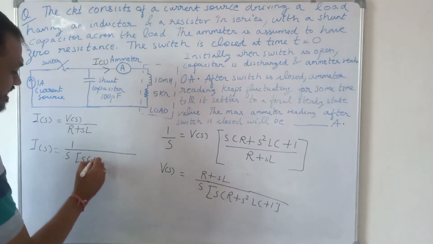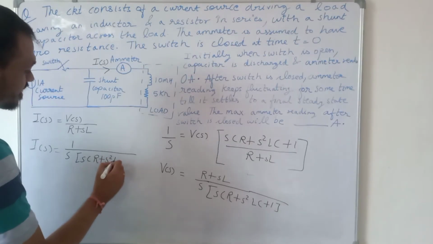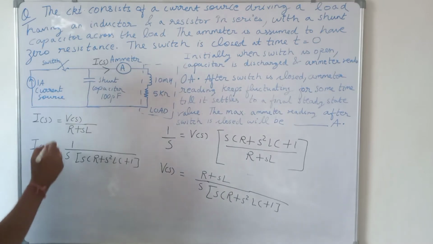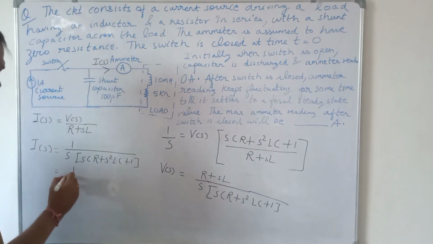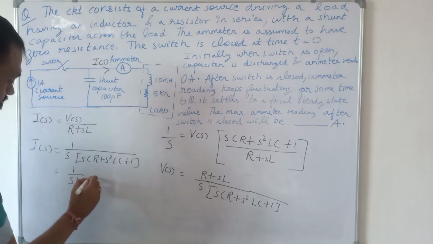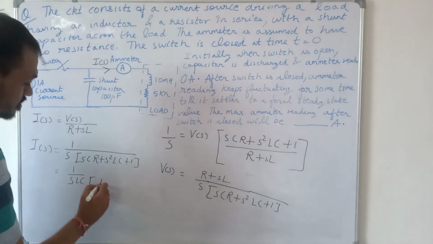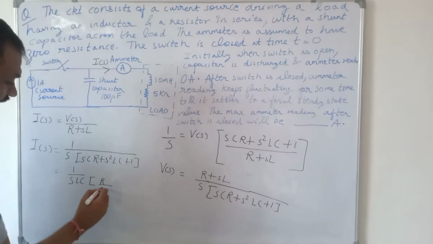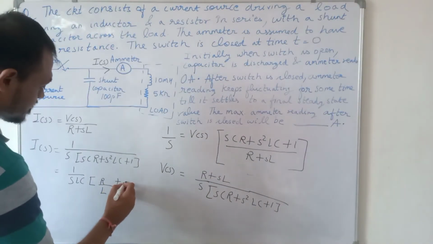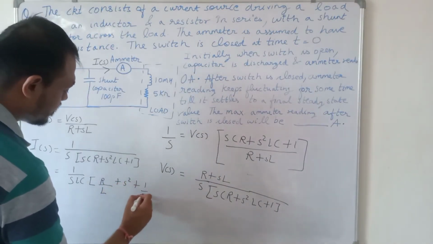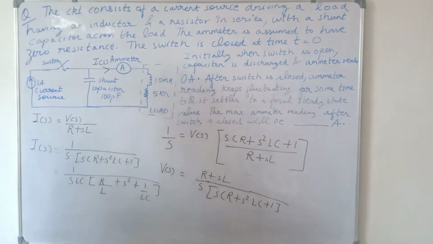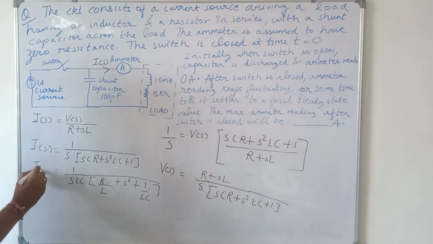So 1 upon S times SCR plus S square LC plus 1. Now we can take LC common, so this will be equal to 1 upon S, taking LC common, S square plus R upon L times S plus 1 upon LC. So this is the value of I of S.